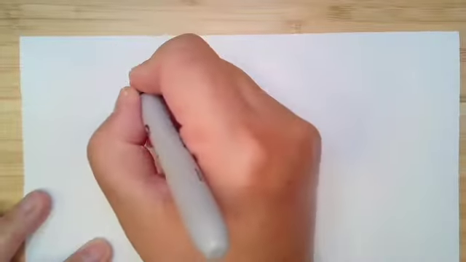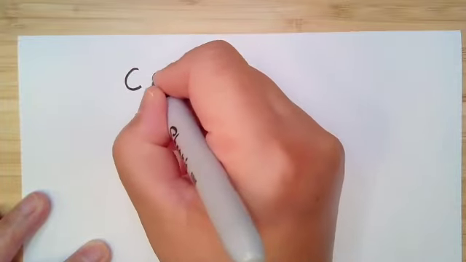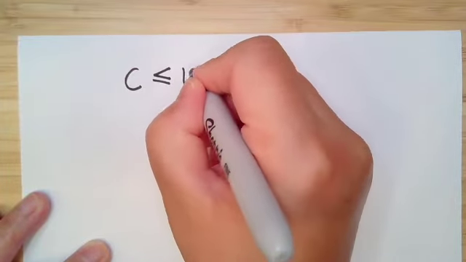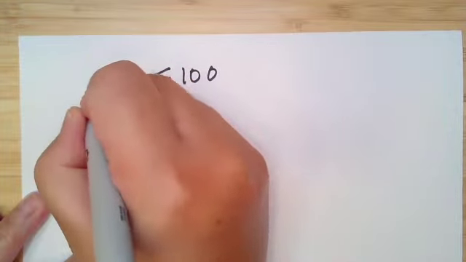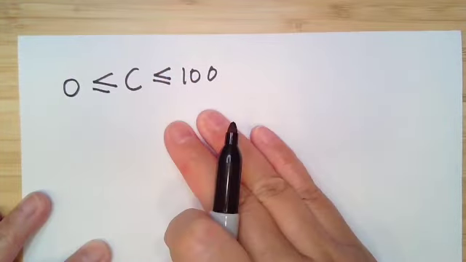Let me give you another interesting compound inequality problem in real life. For example, we know water freezes at 0 degrees Celsius and becomes steam or vapor after 100 degrees. So when the Celsius temperature C is greater than or equal to 0 and less than or equal to 100, that's water, it's a liquid.